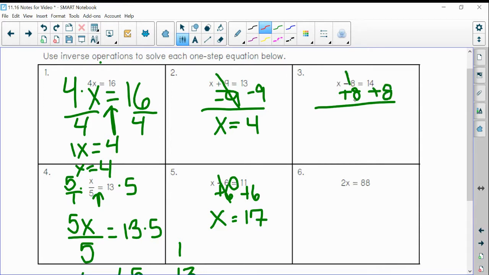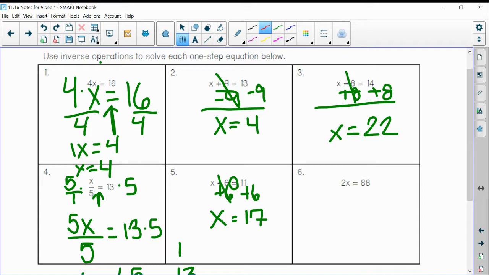So I'm left with x on my left because minus 8 plus 8 cancels back out to 0. So all I have left is x because x plus 0 is just x. That's our identity property that we talked about. Anything plus 0 is going to remain the same. So we're left with x on the left. And because I added 8 on the left, I need to do it on the right. And 14 plus 8 is going to leave me with 22.